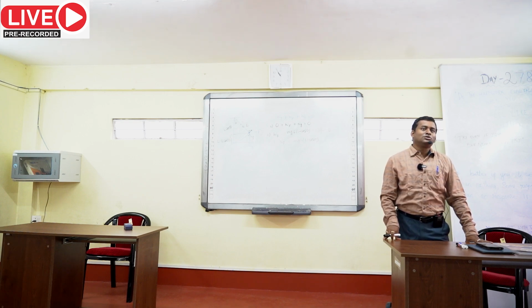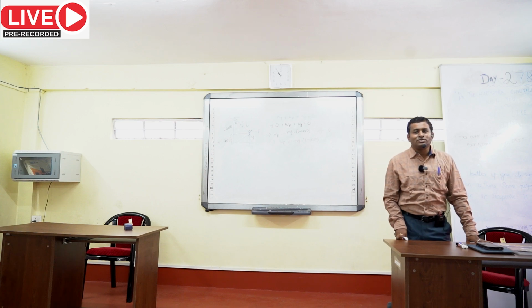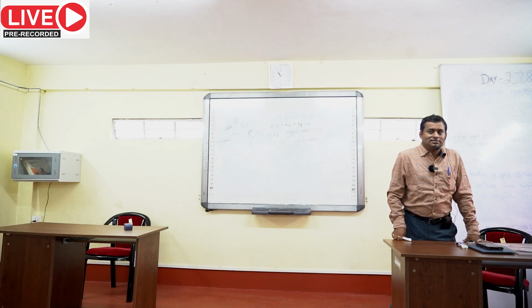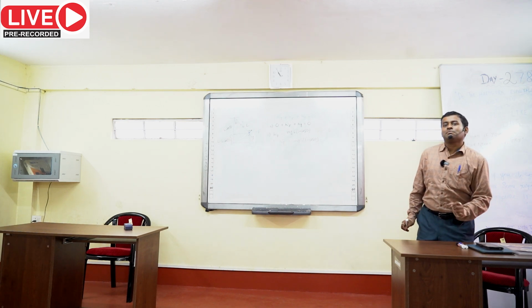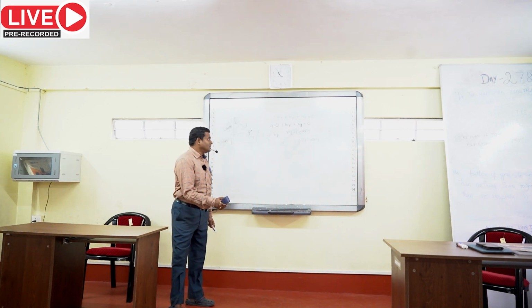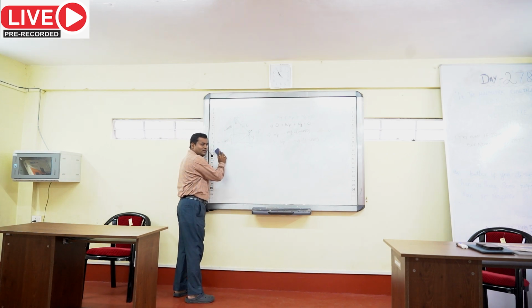Where speed is not varying, it means the kinetic energy change will be 0. Then the work done will be 0. And in all such problems, speed is given as constant, which means it is a part of the work energy theorem. Now the proof of the work energy theorem I don't have to go through, it is known to you.